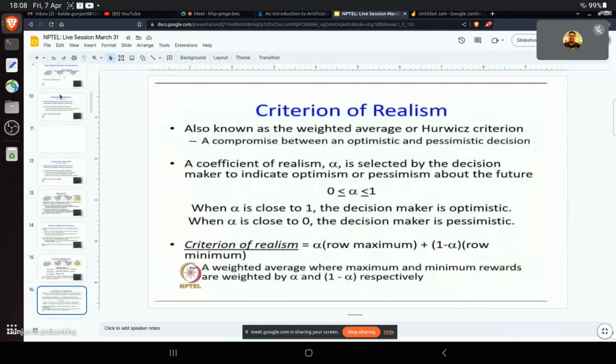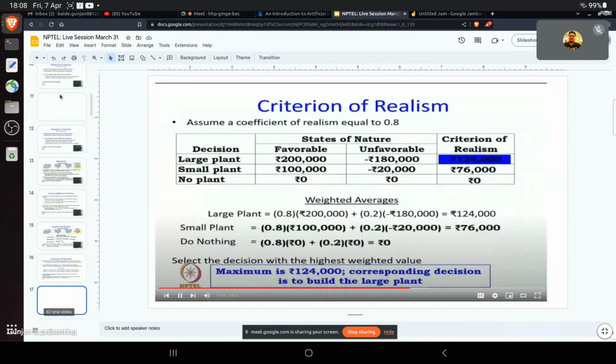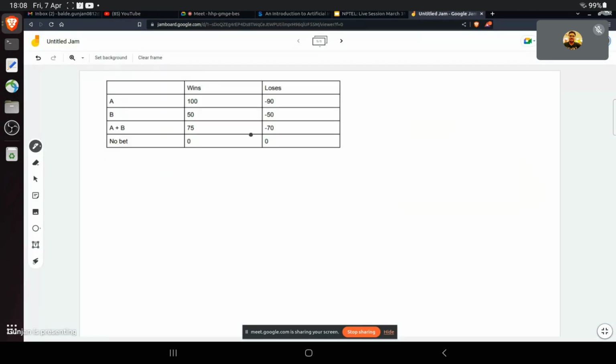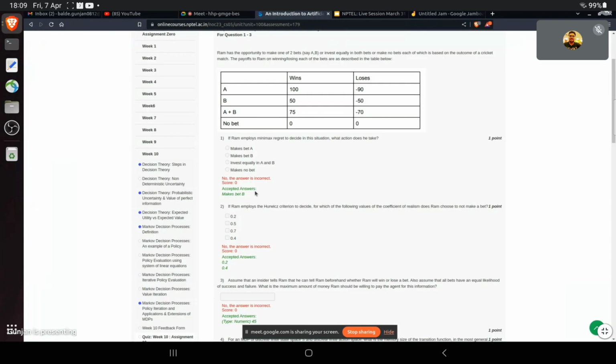So here we are given this criterion: alpha times rho maximum plus 1 minus alpha times rho minimum, and we will do something similar to this, right? Now what are the options that we must consider? It is 0.2, 0.4, 0.5, and 0.7.